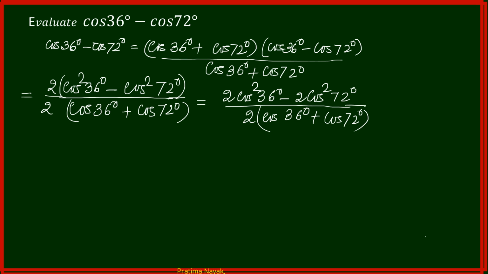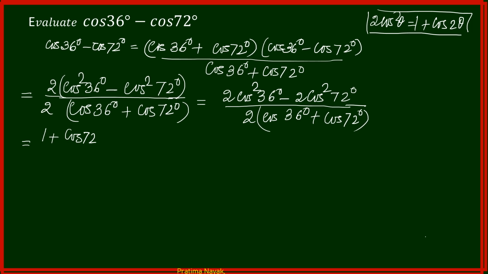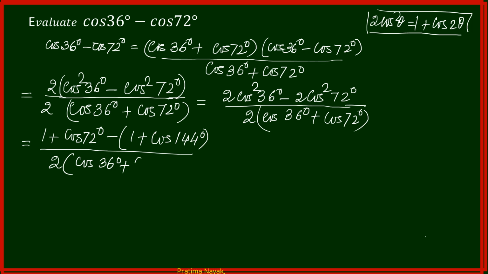Then I will apply a formula: 2 cos square theta equals 1 plus cos 2 theta. So 2 cos square 36 will be 1 plus cos 72 degree. And for the next one, if I take negative common, it will be 1 plus cos 144 degree, all upon 2 cos 36 degree plus cos 72 degree.